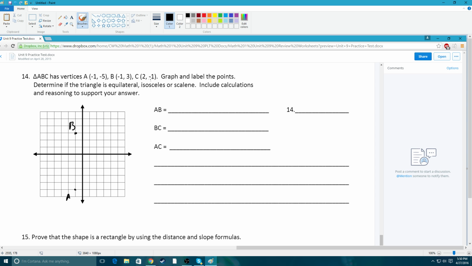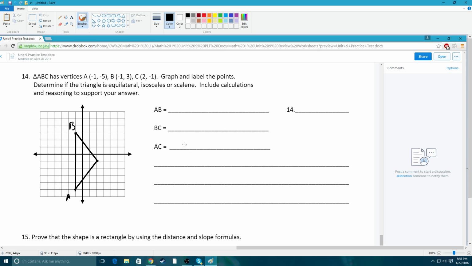C is at 2, negative 1. Okay, graph and label the points. Determine the sides, include calculations.